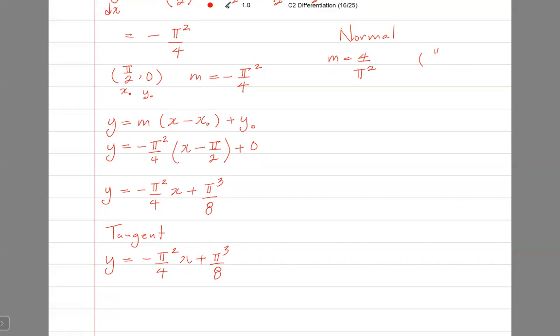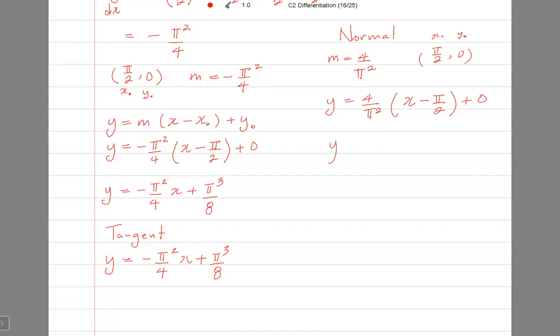So this is pi by 2, 0. This is my x naught, y naught. So it is y is equal to m, 4 over pi squared, into x minus x naught, which is pi by 2, plus y naught, which is 0.